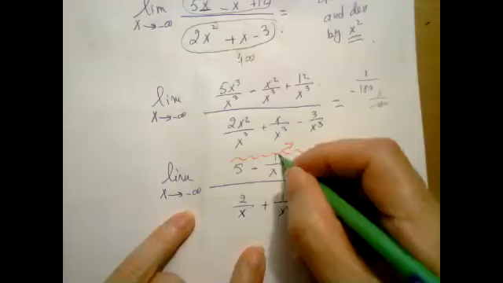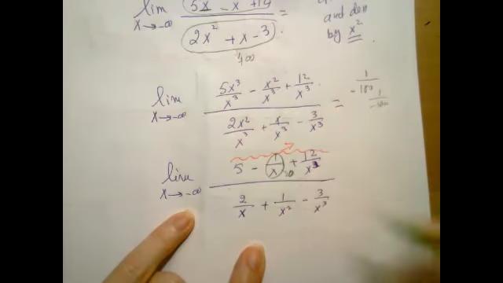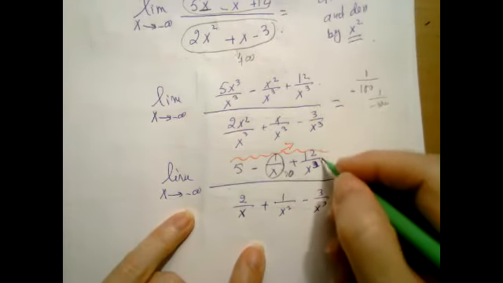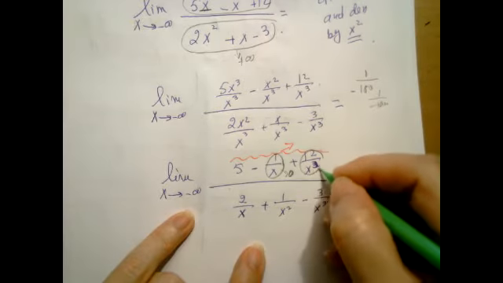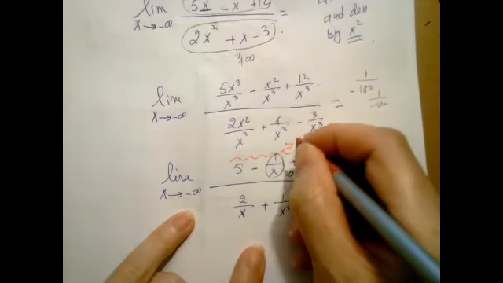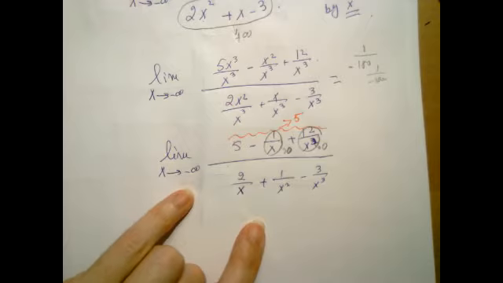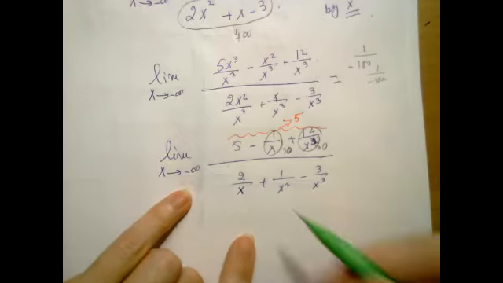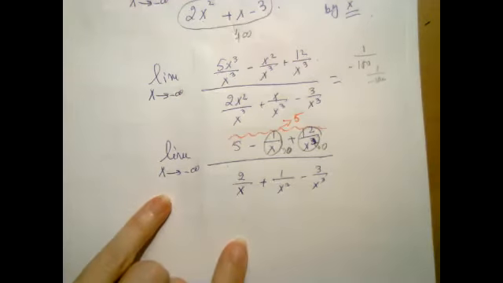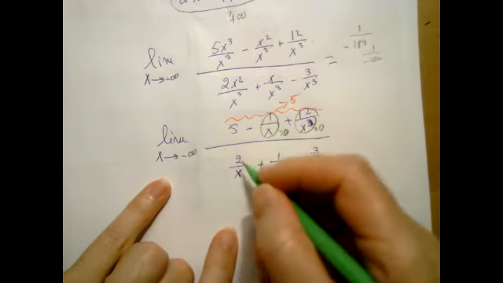Okay, so this one goes to where? 0. What about this one? 0. So the whole numerator will become close to what? 5. Absolutely. Now what about the denominator? When x goes to minus infinity, let's analyze every piece.